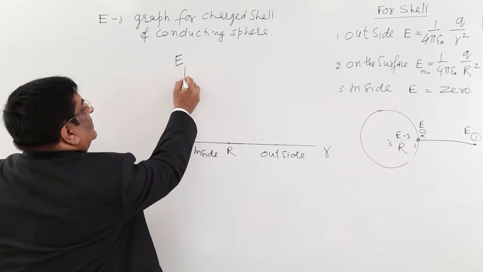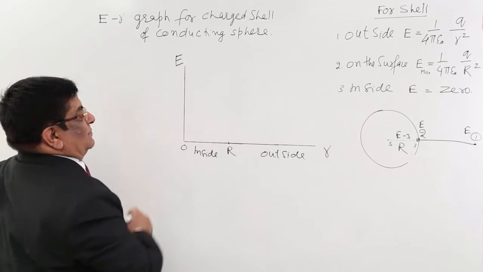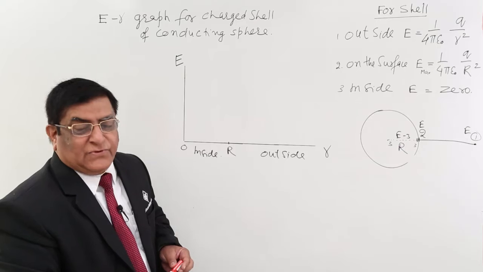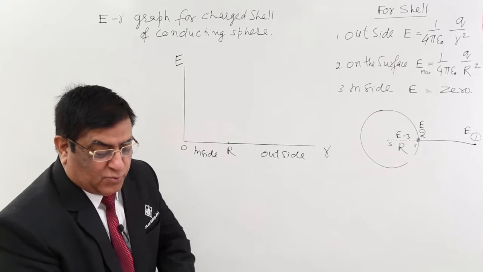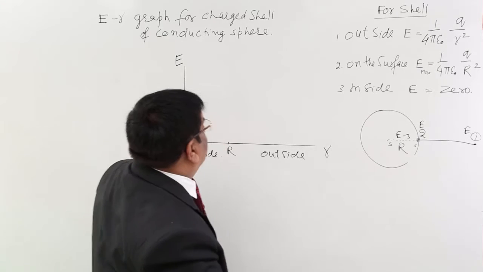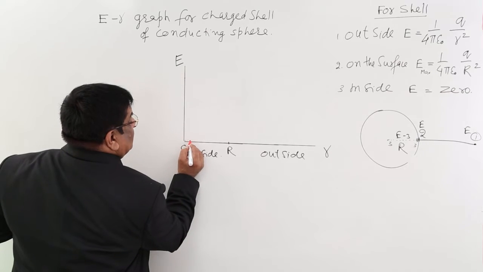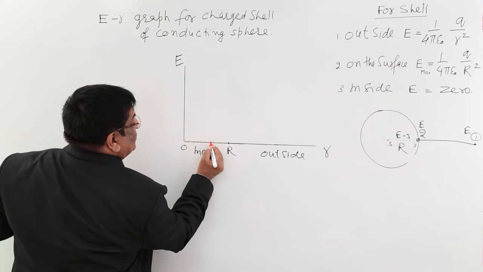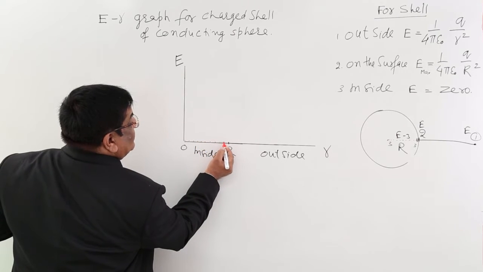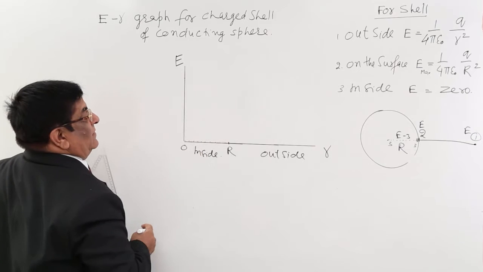Let us say it can go up to a certain maximum value. Now inside, when I move, I find the electric field is 0 at every height, and this situation goes up to r.